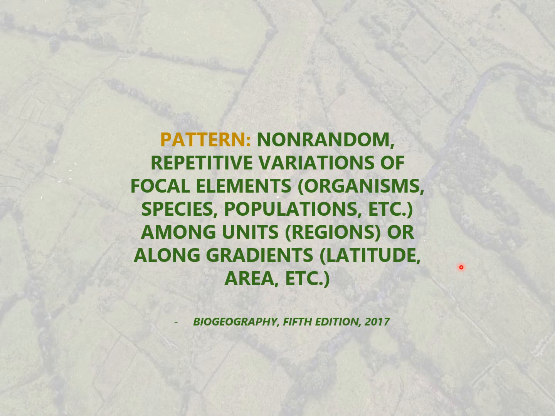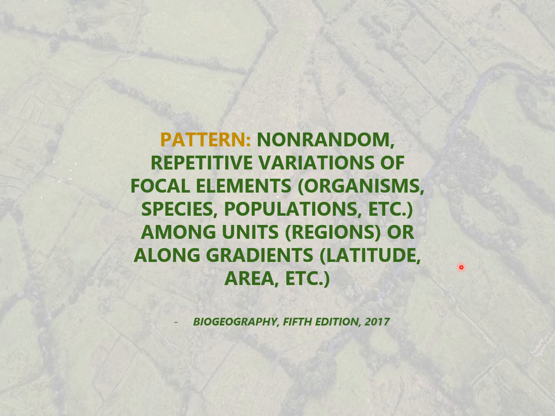It's repetitive variations of focal elements. In this case, when we say focal elements, we're referring to things like individual organisms or an entire species or a population of organisms, which isn't every organism of that species, but it's a group of them, or it could be a community or a bioregion or whatever it is.